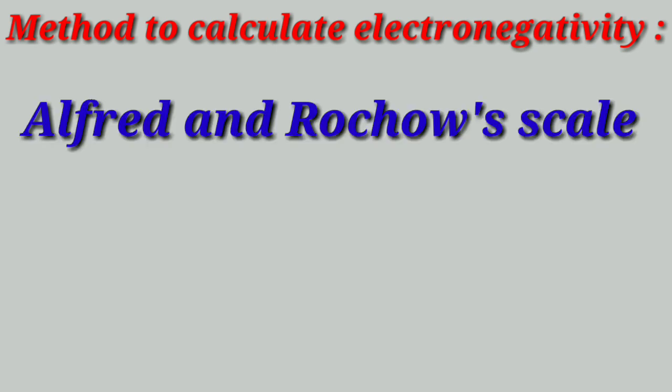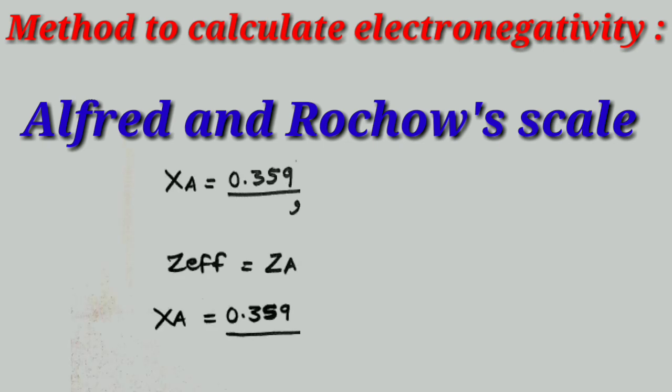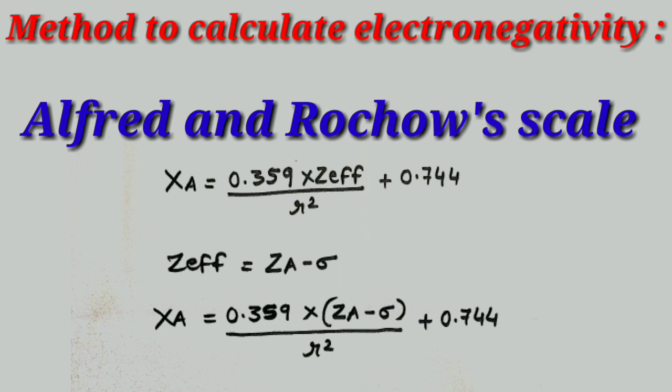The next method is the Allred and Rochow method to calculate electronegativity. Allred and Rochow suggested that the electronegativity of an element can be calculated with the help of the following equation, where Xa is the electronegativity of element A, Z effective is the effective nuclear charge, and r is the radius of the element A in Angstrom units.